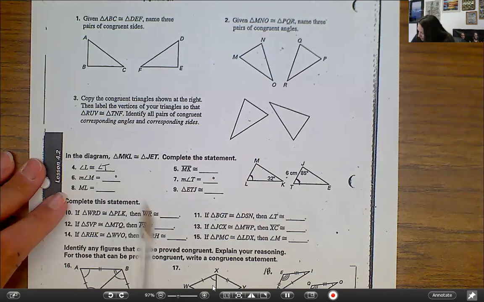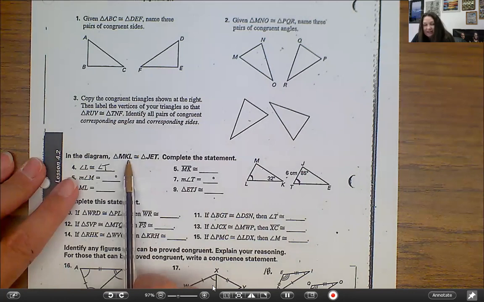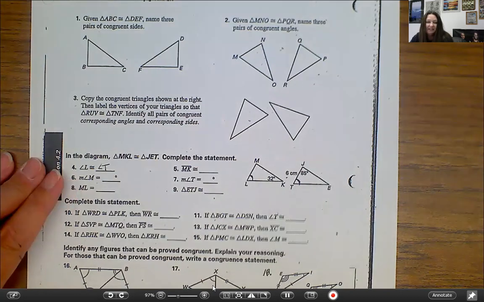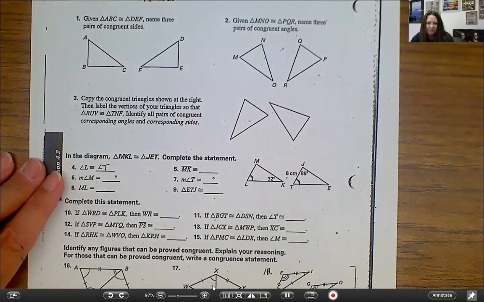I can also just tell that by the congruency statement. L is the third letter of my congruency statement here with my triangles. So it's going to have to match up with the third angle over here, which is angle T. But I can also see that in the diagram itself.